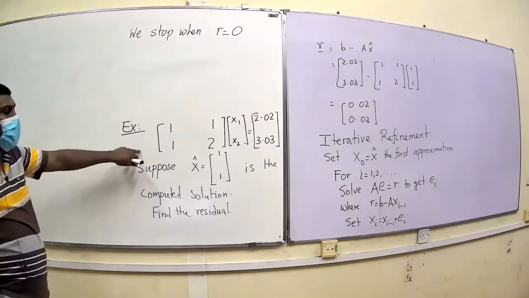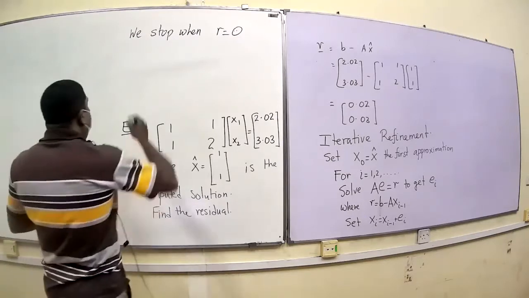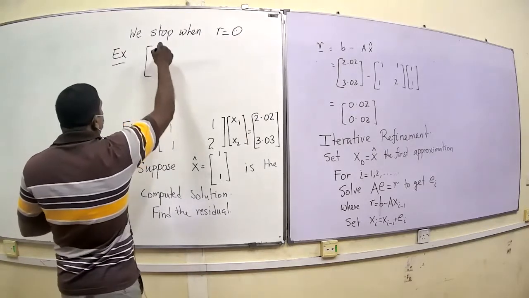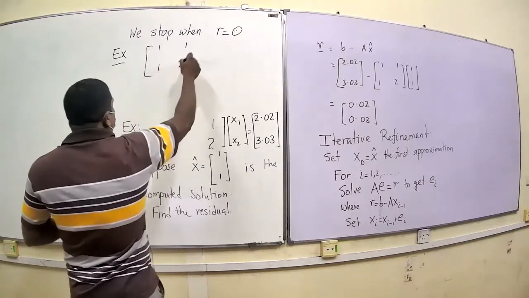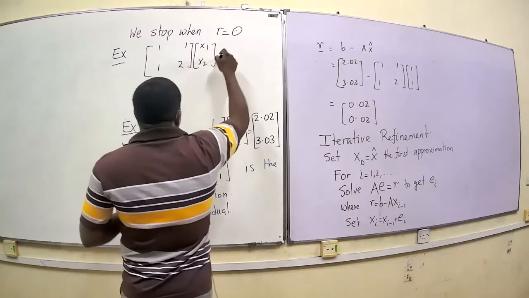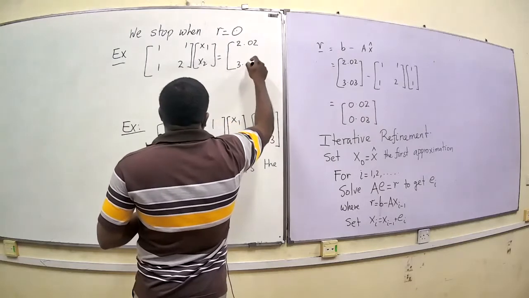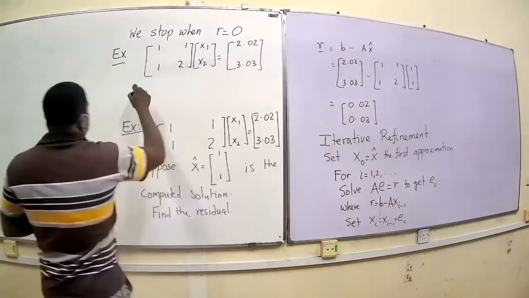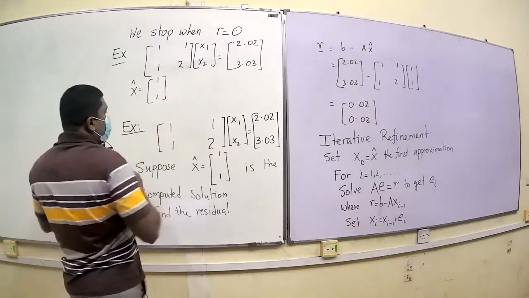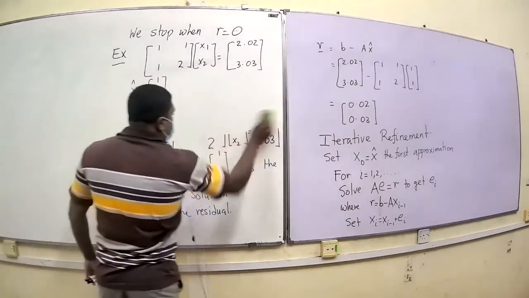For the same example, I am going to do the algorithm once. Here is the problem: 1, 1, 1, 2, times x1, x2, is equal to 2.02, 3.03. You know that x hat is 1, 1.